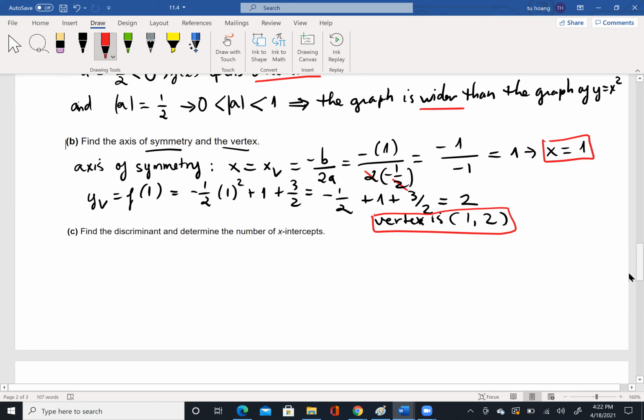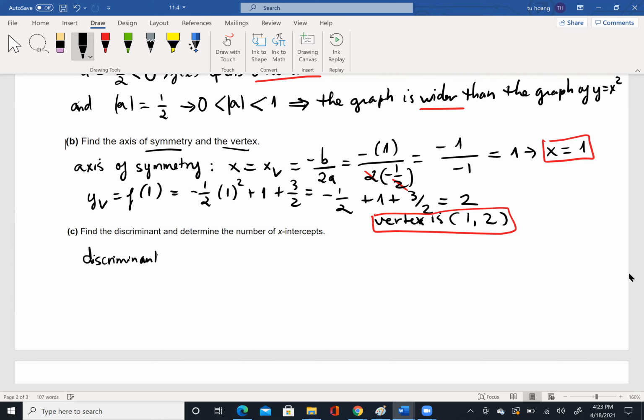Now, if I ask you to find the discriminant and determine the number of x-intercepts, let's label the discriminant D, equal to b squared minus 4ac. Here b squared is 1 squared, minus 4 times a, which is negative 1/2, times c. What is c?